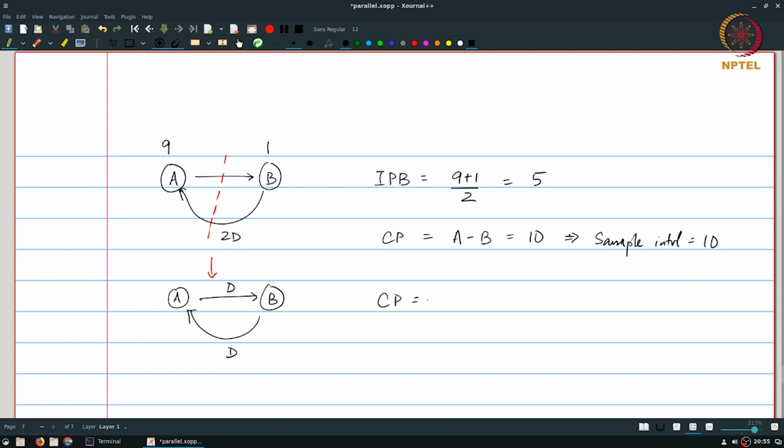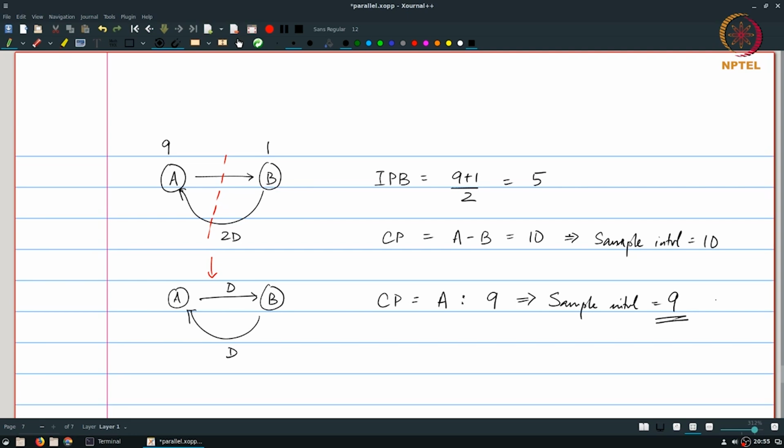The critical path now is going to be A, which has a delay of 9 time units, which means that the sample interval is equal to 9, which is significantly greater than my ideal sampling interval of 5.